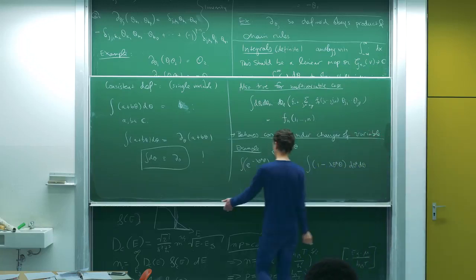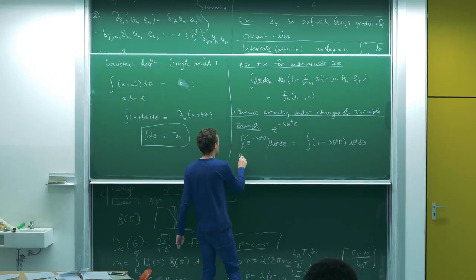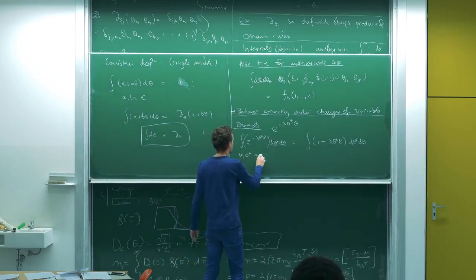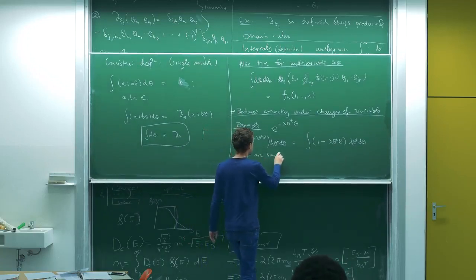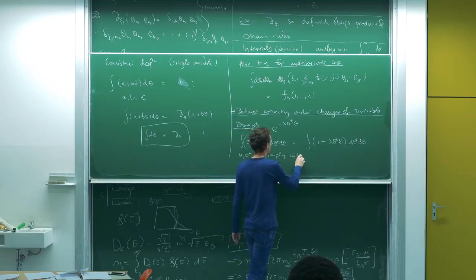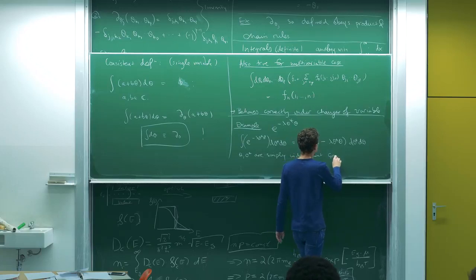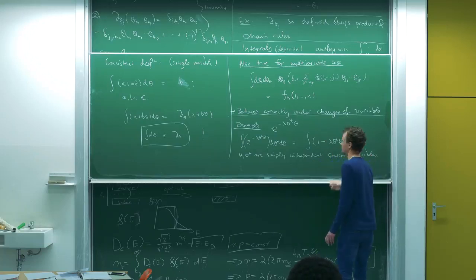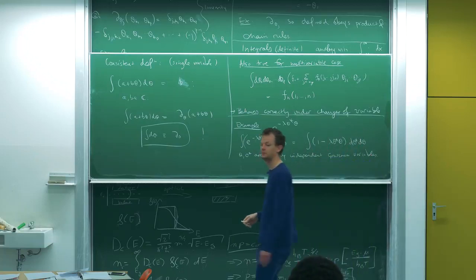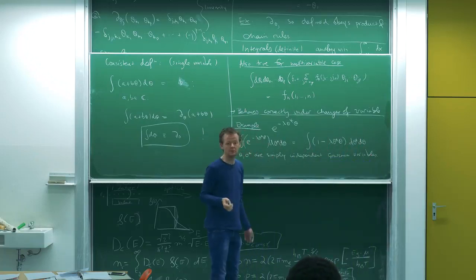The next thing is to realize that, of course, theta and theta star are just independent Grassmann variables. So they anti-commute with each other.